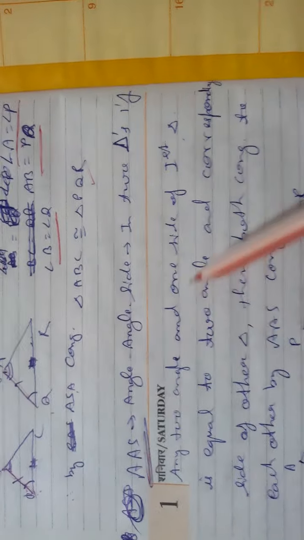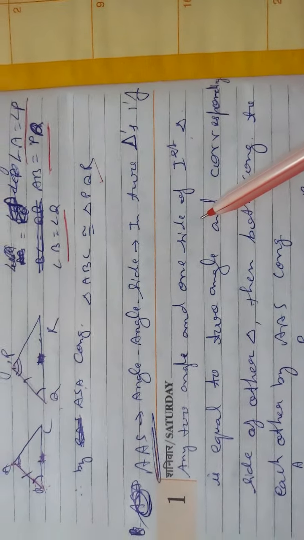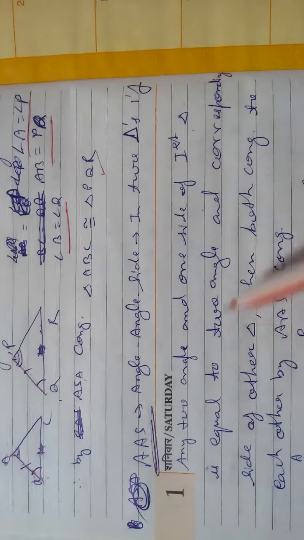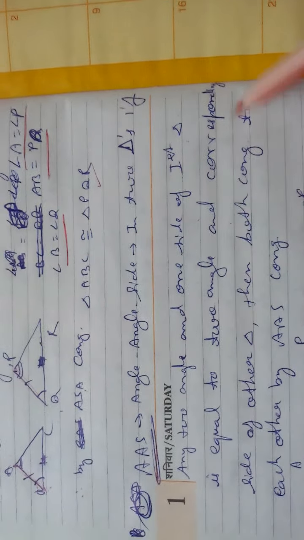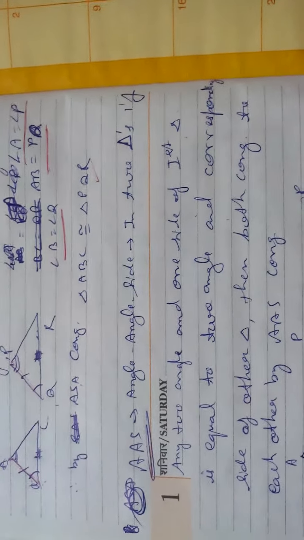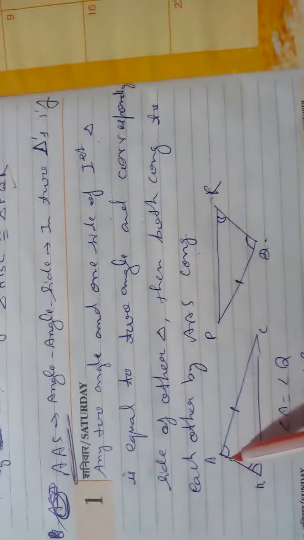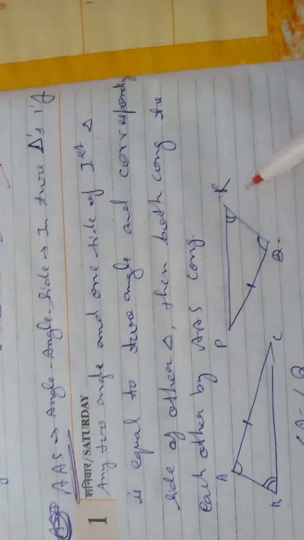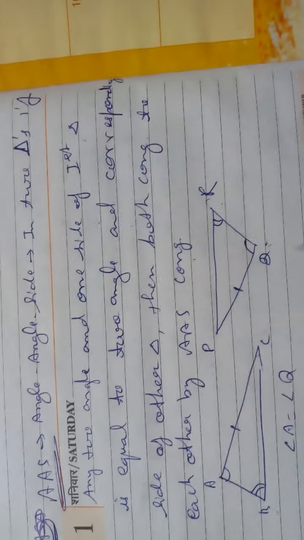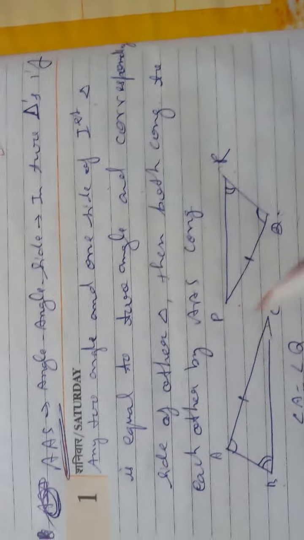Then ASA changes to AAS, angle angle side. In two triangles, if any two angles and one side of the first triangle are equal to any two angles and the corresponding side of the other, then both are congruent by AAS. Angle A equals angle Q, angle B equals angle R, and AC equals QP is given, the corresponding side.